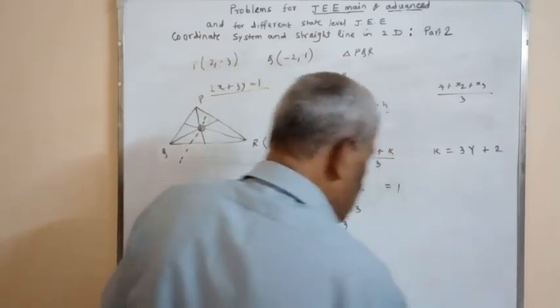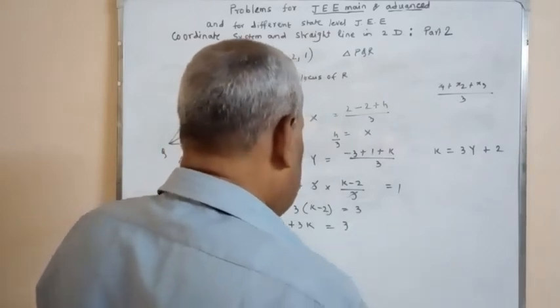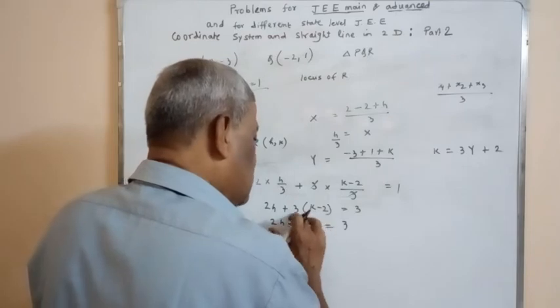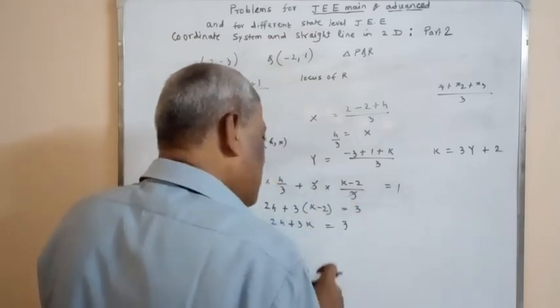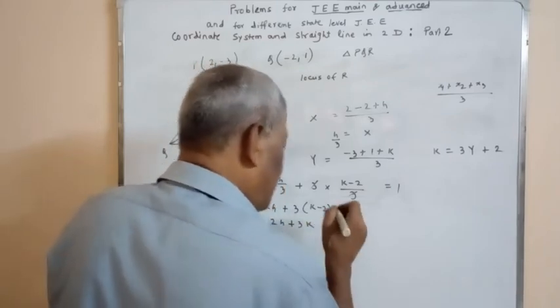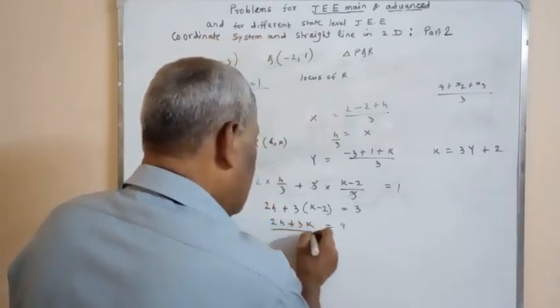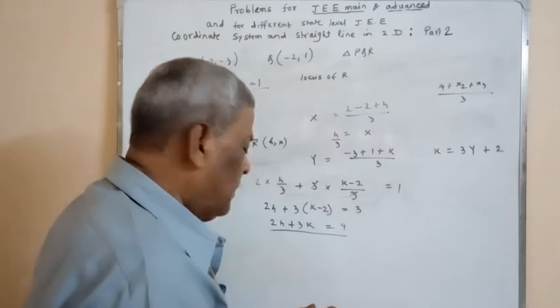Oh, options are not yet given. It is 2h plus 3k is equal to minus 6. On that side it is plus 6, it is 9. So the locus of the third vertex, how to obtain the locus of the third vertex?